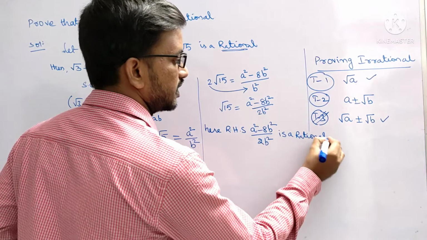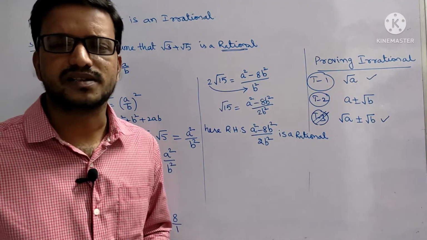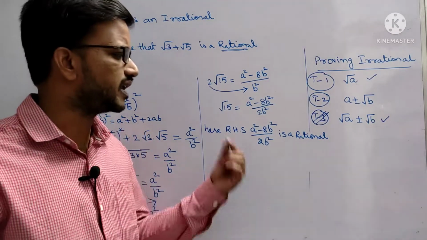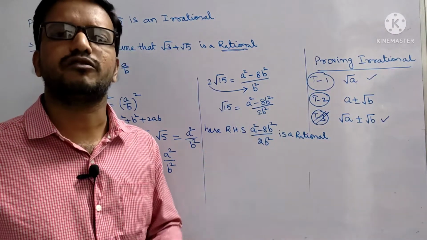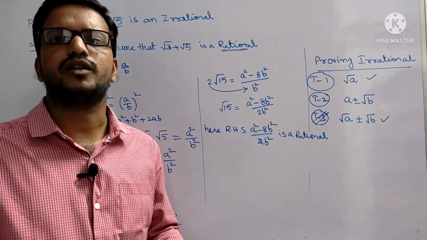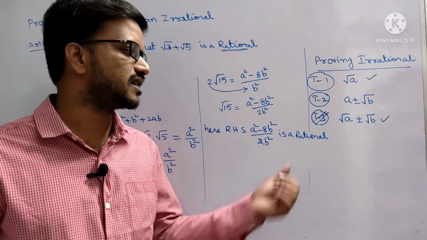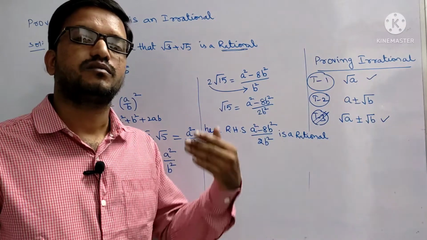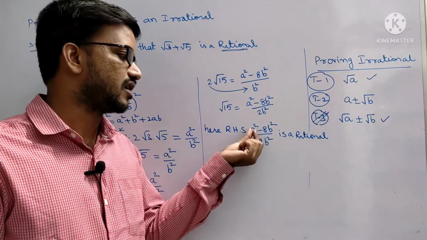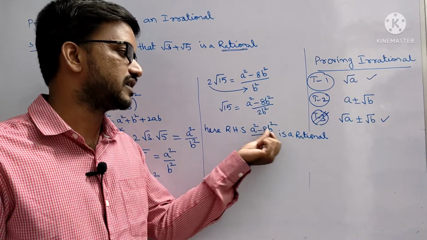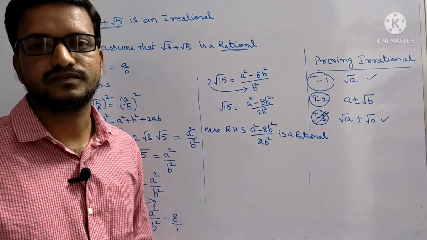How can you say it is a rational? If you substitute any value in place of a and b, for any value of a and b, it remains in p by q form. So the value which is in the form of p by q, we have to accept as a rational, where both the numerator and denominator are integers. For all the values of a and b, this remains a rational.